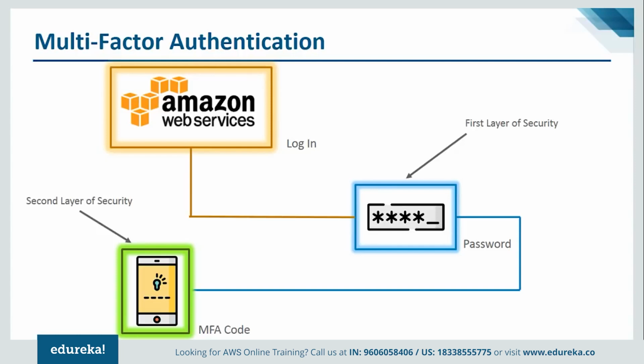So there are basically two layers of security now. One layer is a password and the second layer becomes the code that you'll be entering, right? Now with AWS, there is an application called Google Authenticator, which you can use to create a virtual multi-factor authentication device. For those of you who already are using multi-factor authentication in your companies, there's a thing called Gemalto, right?